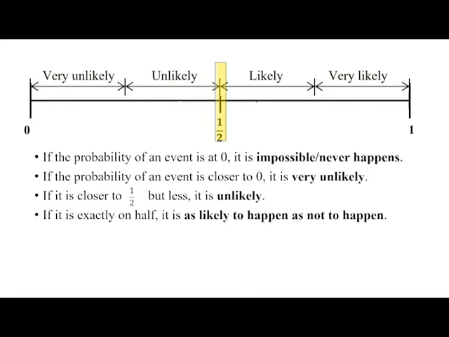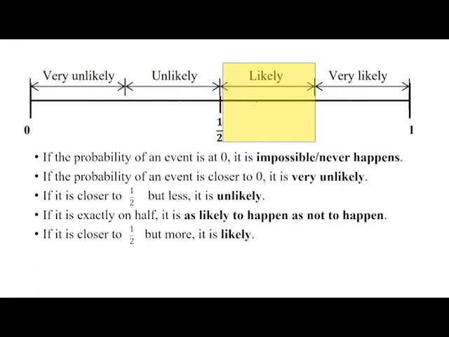For example, if we toss a coin, the chance of getting a head or a tail is equal, 50-50 chance. So we call it as likely to happen as not to happen. If it is closer to half, but more than half, then we call it likely.